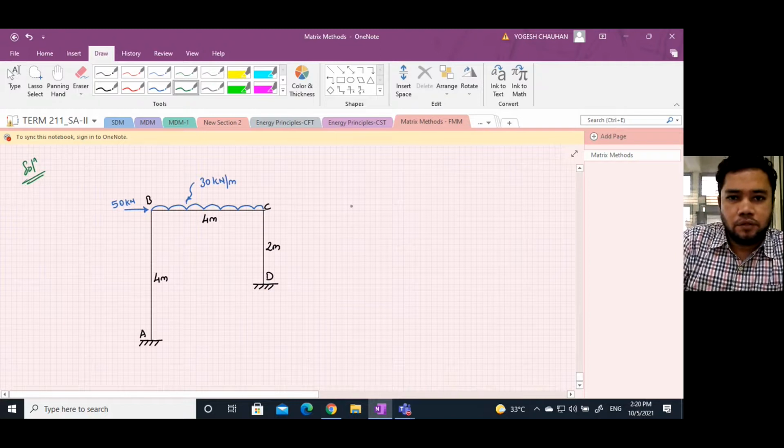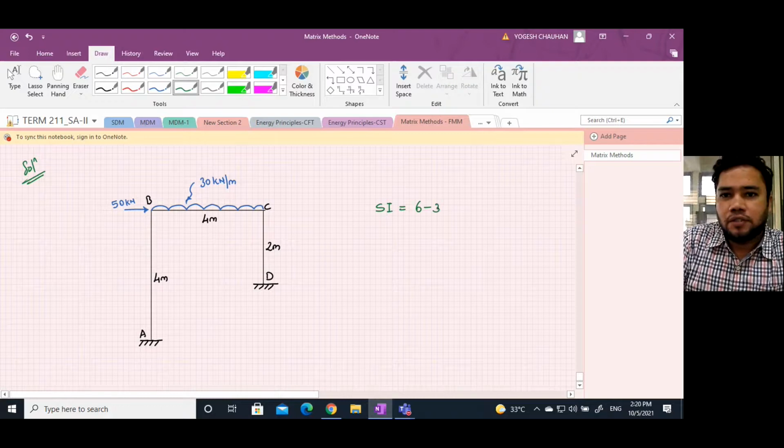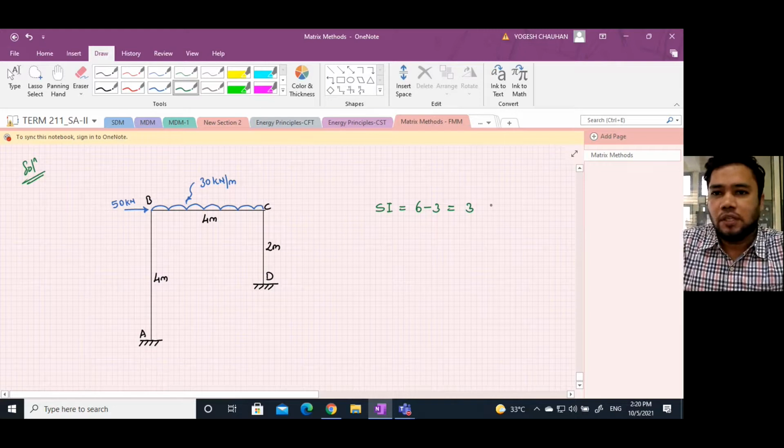So here, we have 6 reactions and 3 available equilibrium conditions. So SI is 3 for this frame. That means we have 3 extra unknowns present in the system.